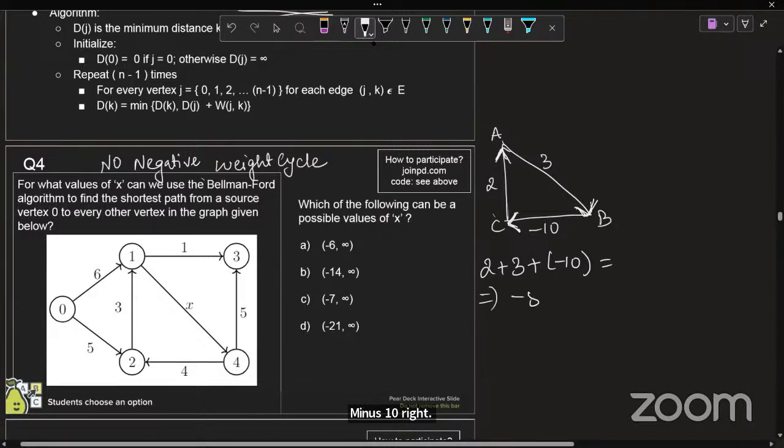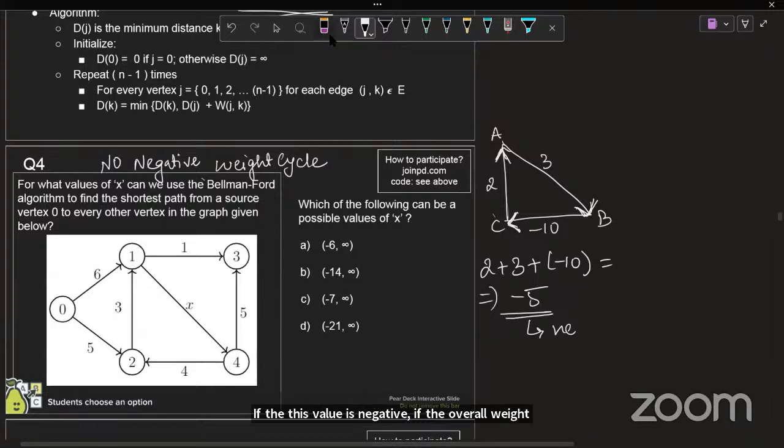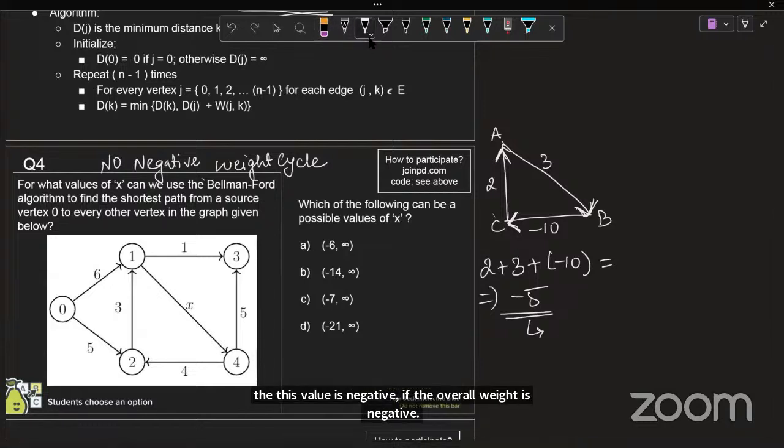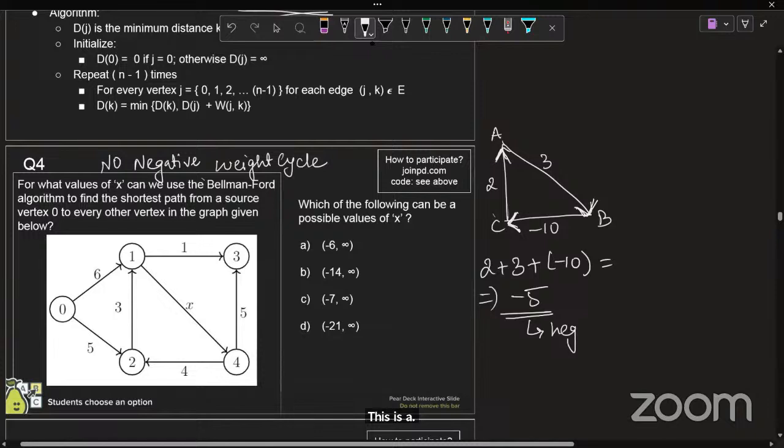Minus 5. This is negative. So if the overall weight is negative, this is a negative weight cycle.